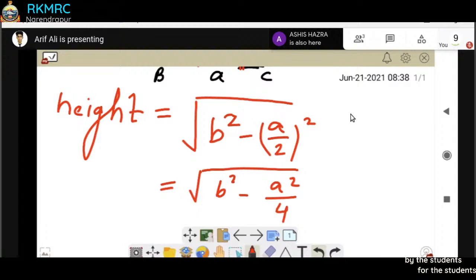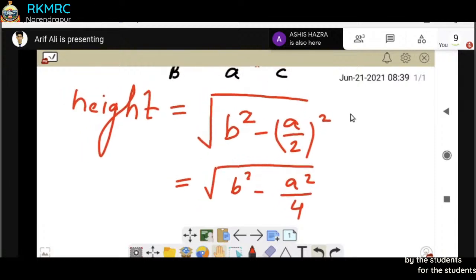Don't just get confused with all. This is same: root under b square minus whole a by 2 whole square, or root under b square minus a square by 4.